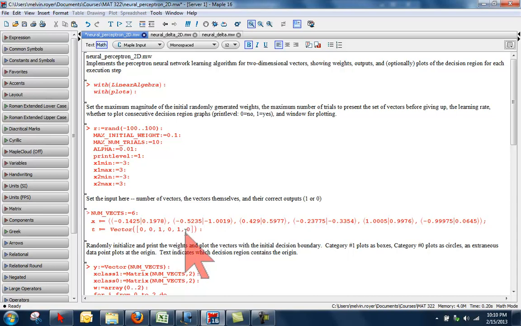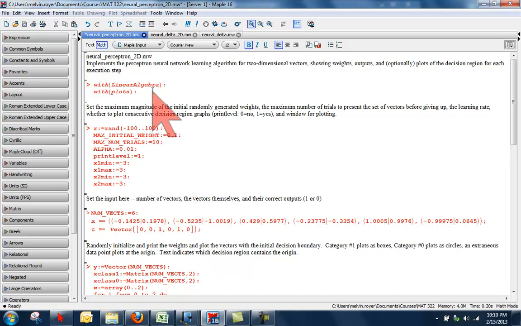You might wonder why I didn't type this into Excel and then copy and paste that as well. It turns out that Maple wants the t-values as vectors, and for Maple that is something a little different than a matrix, so copy and pasting doesn't seem to work very well for the t-values. Let's also have Maple echo that.